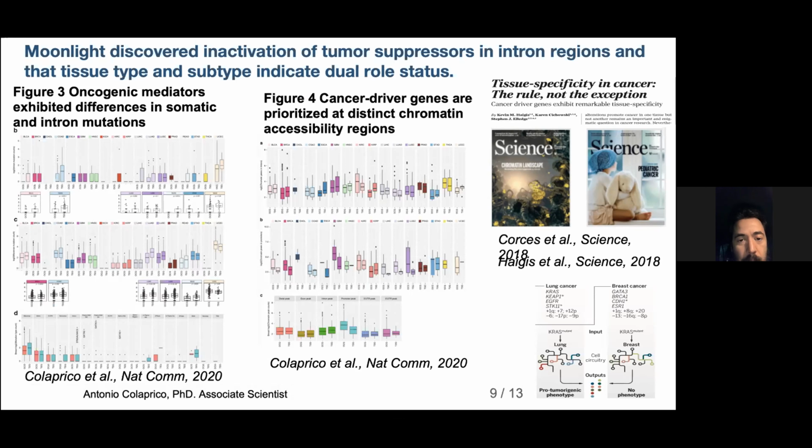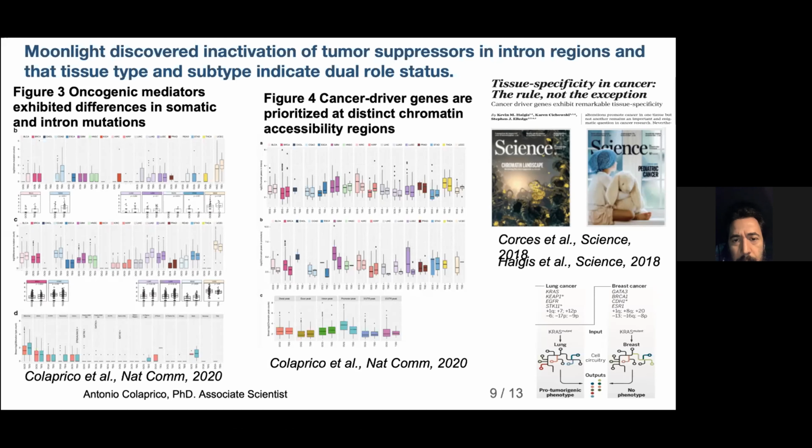We also observed this behavior in chromatin accessibility regions using ATAC-seq data from the paper in Science, where we found open chromatin regions for oncogenes, but closed chromatin regions for tumor suppressors.